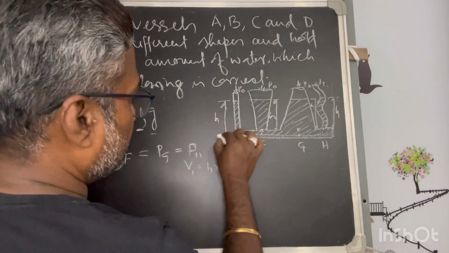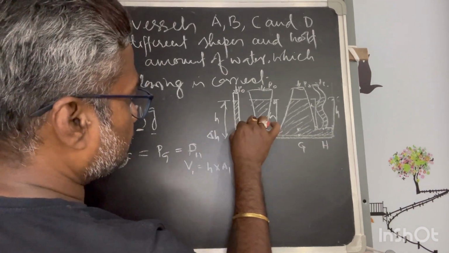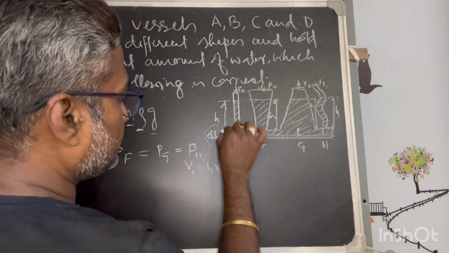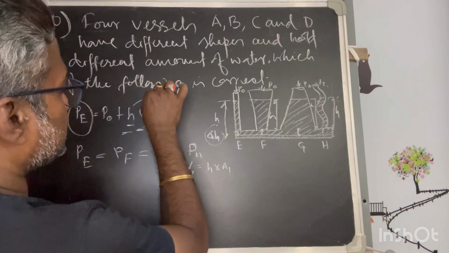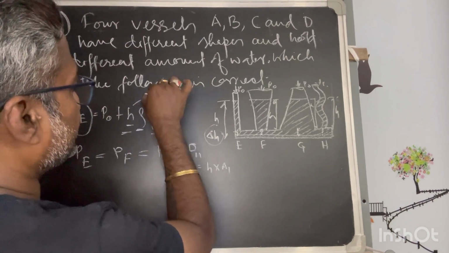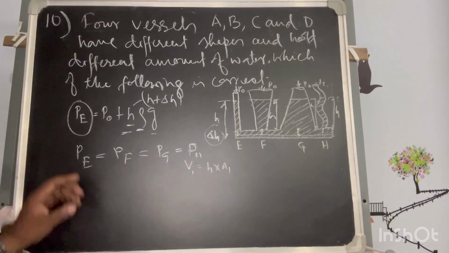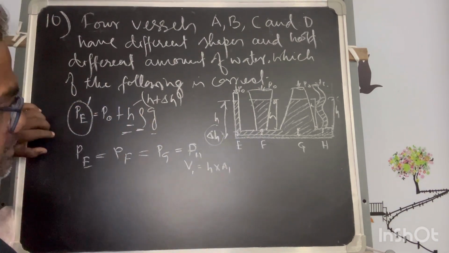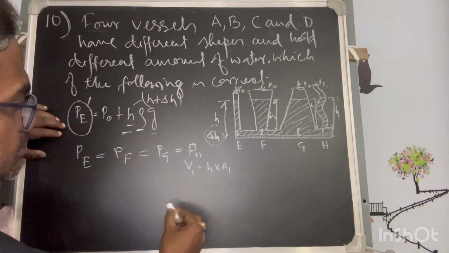So whatever the delta H will increase due to the shift will be affected in the same way in this formula. That means H plus delta H of height instead of H we will consider, and instead of P, that could be a different point, P dash we can take.